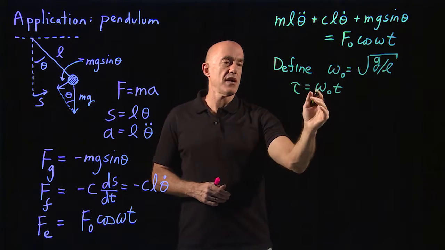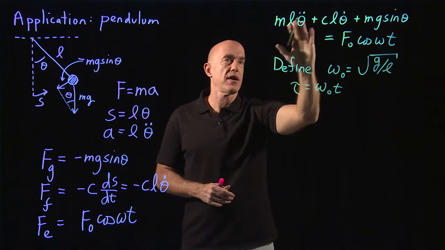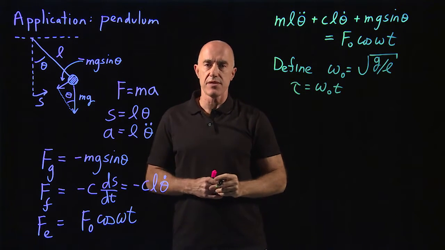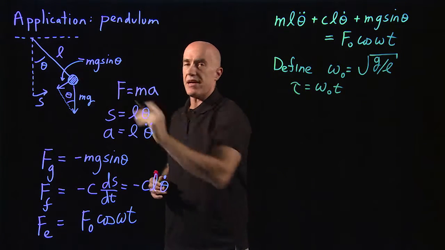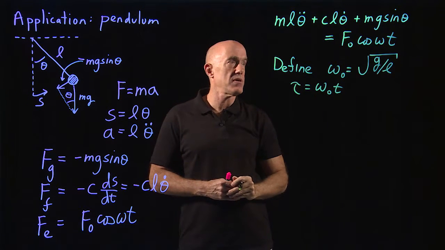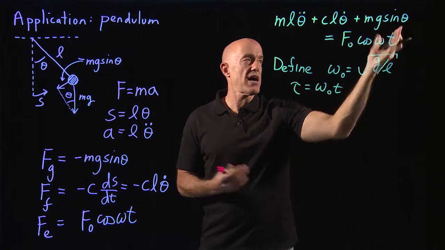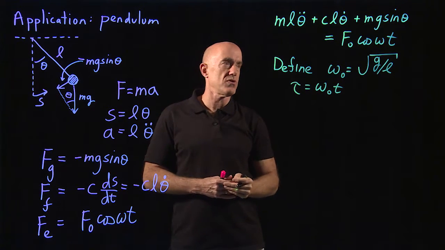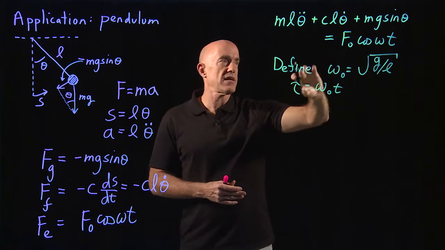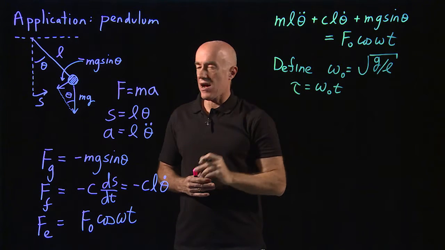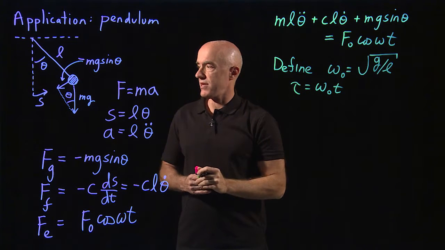That's actually all we can do here. Theta is already a dimensionless variable. The angle is a dimensionless variable. And because it enters as sine theta, theta has no units.